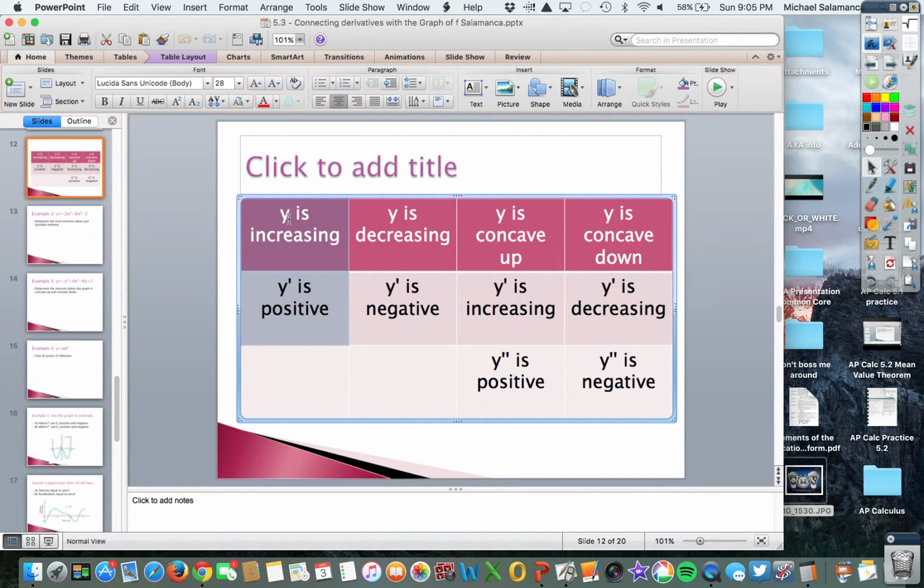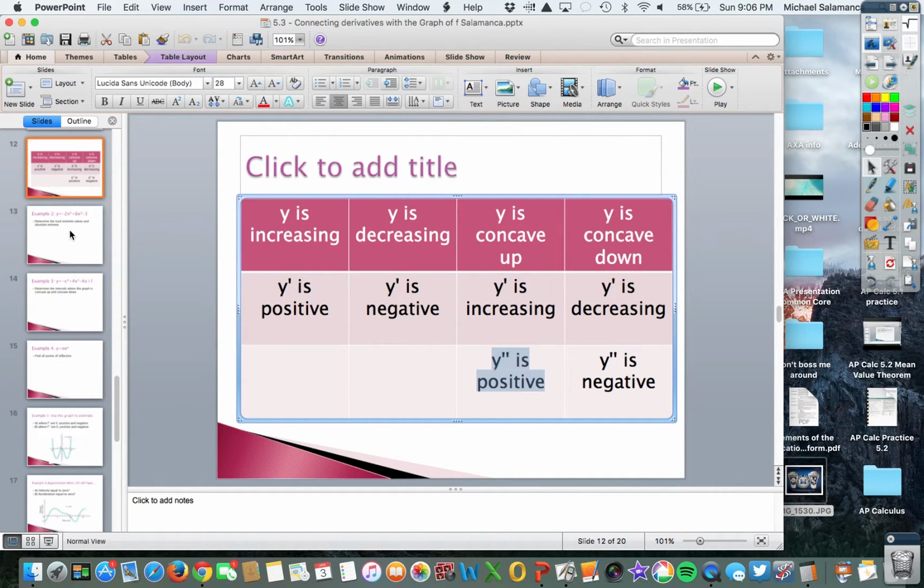That means that the graph is increasing. y is decreasing means y prime is negative at that critical point. y is concave up means y prime is increasing, and y double prime is positive. Lastly, y is concave down means that y prime is decreasing, and y double prime is negative.